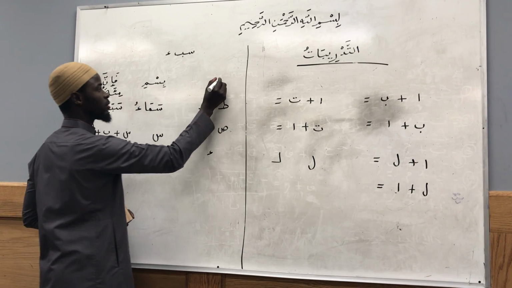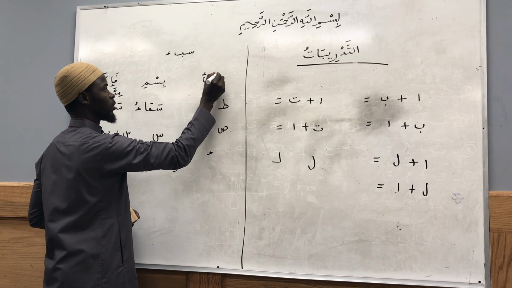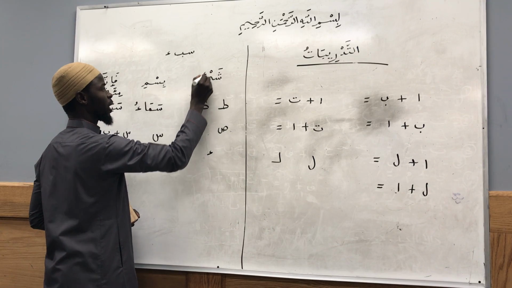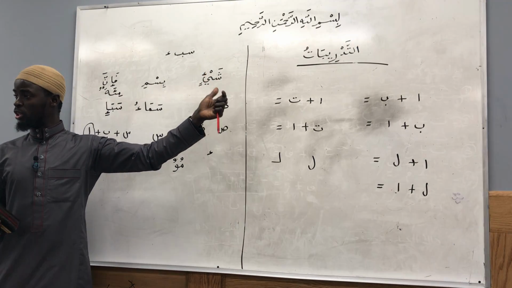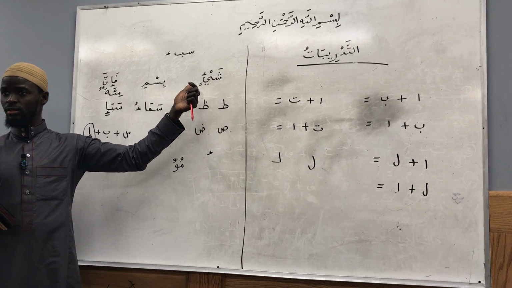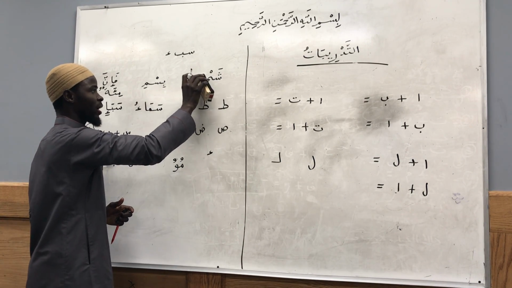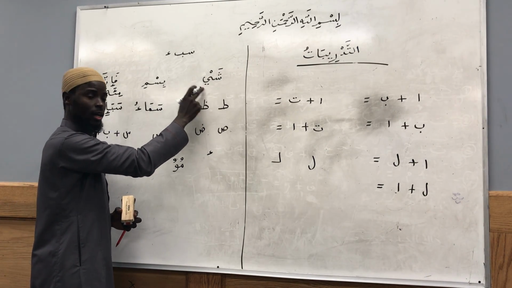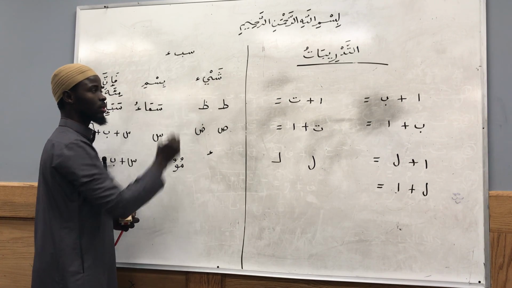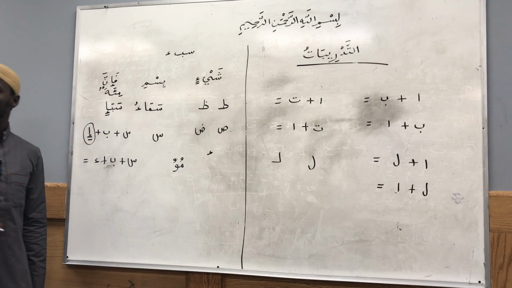Like Shay'in. Some people write it like this, which is the wrong way. If you want to write Shay'in, since the Hamza is at the end, you write the Shin and the Ya, and then you put the Hamza separate. That's the right way to write Shay'in.